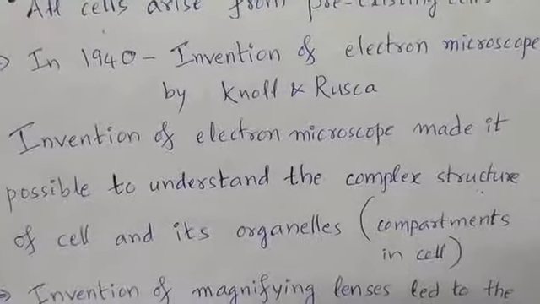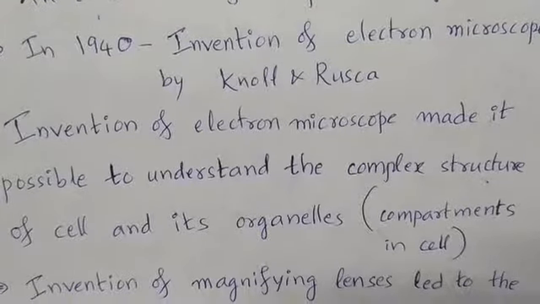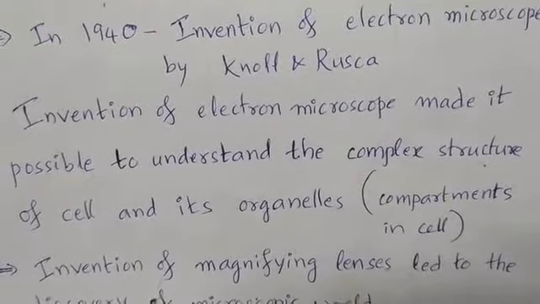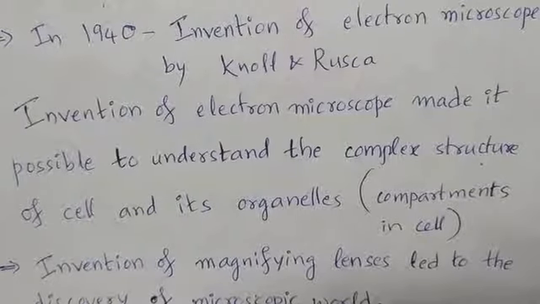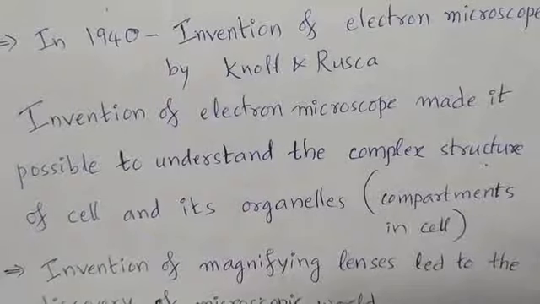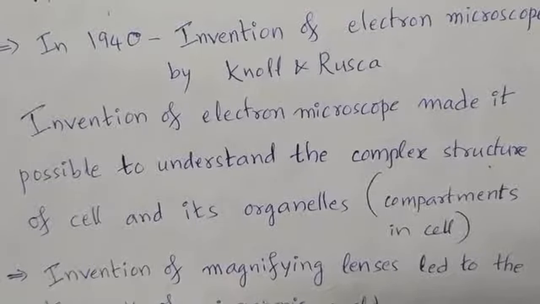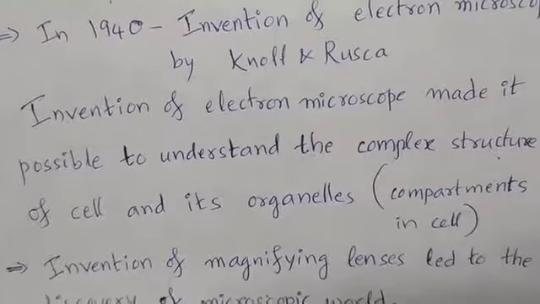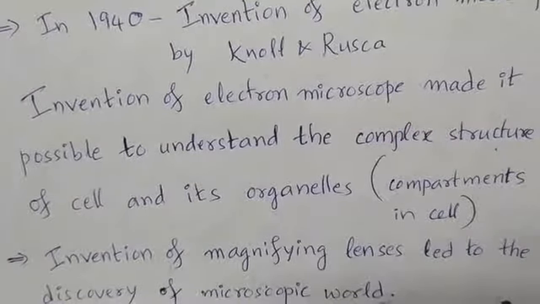Whether it is an electron microscope, compound microscope or simple microscope, all these microscopes were invented using the initial thing, that is, magnifying lenses. A magnifying lens is a lens through which something can be seen in a magnified or increased size. So, the invention of magnifying lenses led to the discovery of the microscopic world.